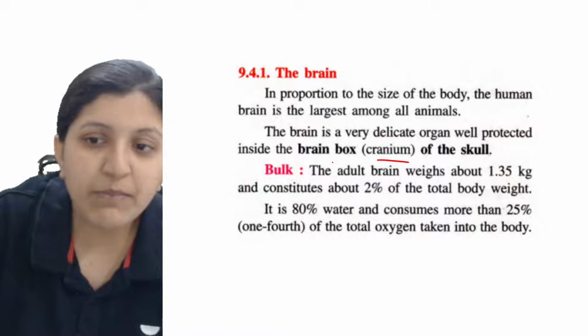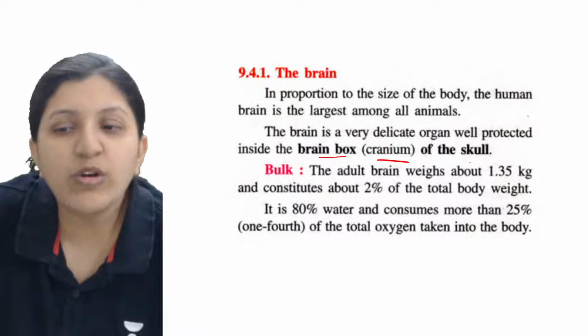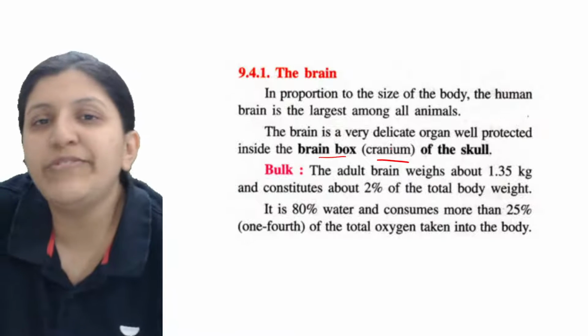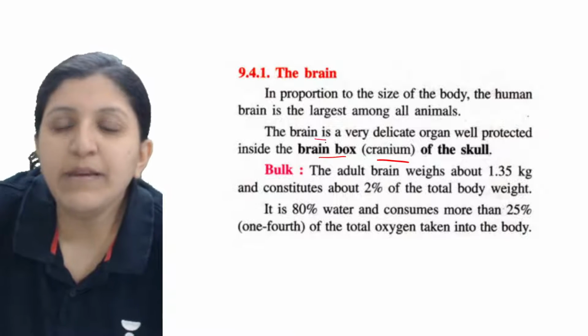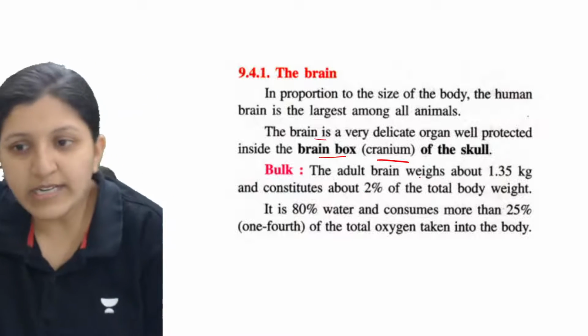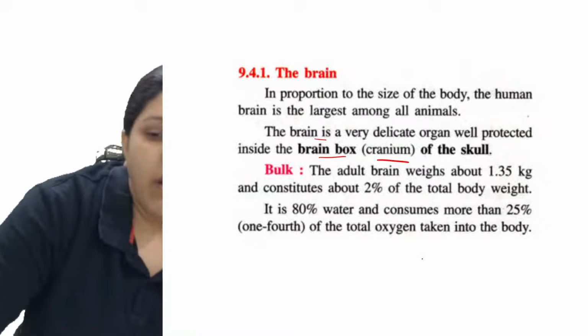So the cranium can be called the brain box, and it protects the delicate organ, which is nothing but the brain. An adult brain weighs about 1.35 kg.